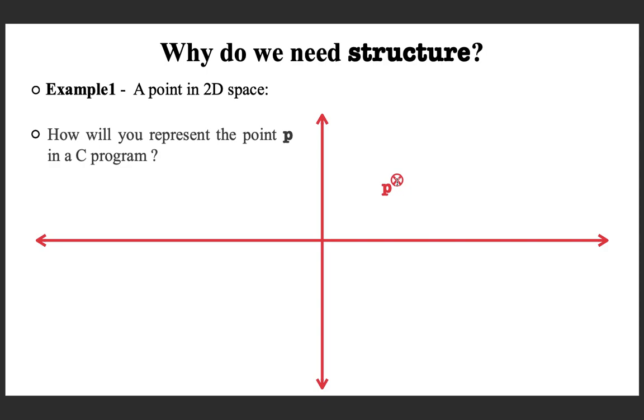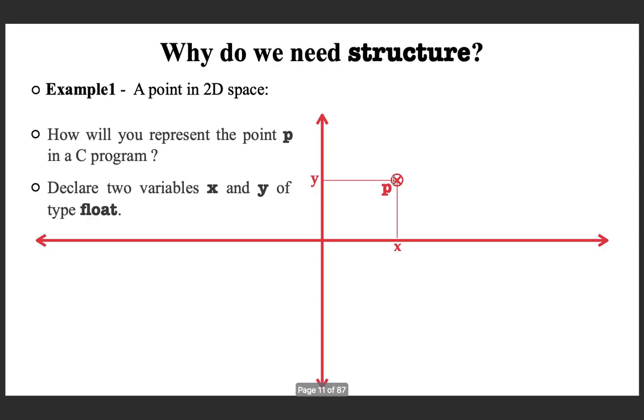Whatever we have discussed in this C programming course, how will you represent it? One possibility is that you need to represent the x coordinate and y coordinate values, so you can declare two variables, namely x and y, of type float to represent a point in the two-dimensional space.